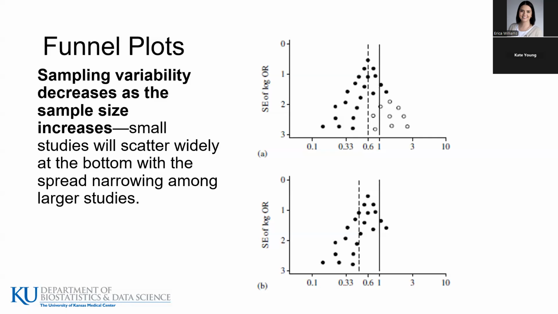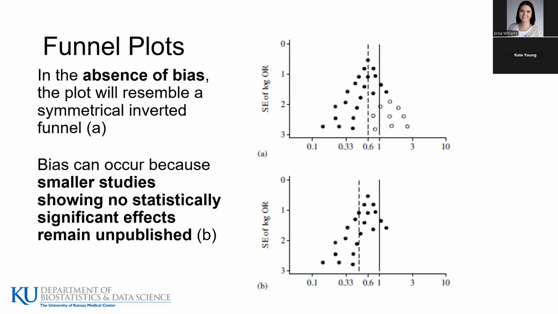So if there are no major concerns with regard to publication bias, we would expect it to look like the plot on the top. Whereas if there is a risk of publication bias, it would look more like the bottom plot. Since publication bias usually results when studies with non-significant findings are not published, and since smaller studies have a larger chance of non-significant findings, we may see an asymmetry in the funnel plot when these studies are not included.